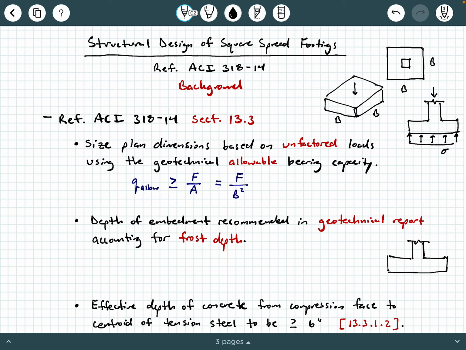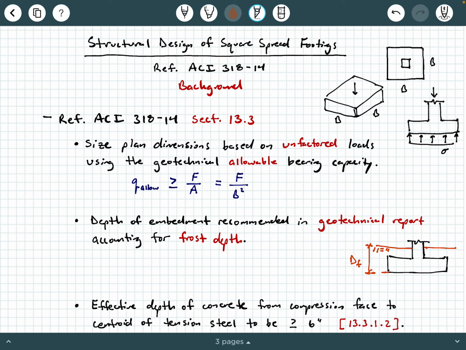And so when we talk about the depth of embedment, we have the ground surface here, and we're talking about the depth from the ground surface to the bottom of the footing. And we can sometimes call that D sub F. Now, this is also typically recommended in the geotechnical report by the geotechnical engineer working on this.